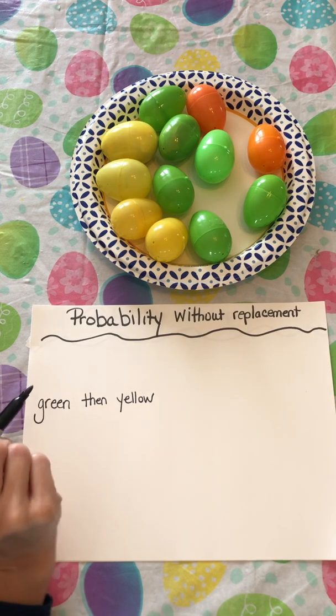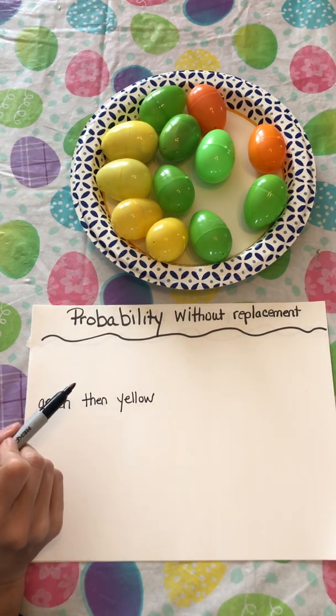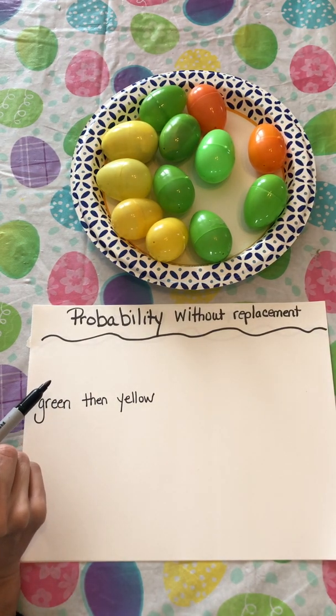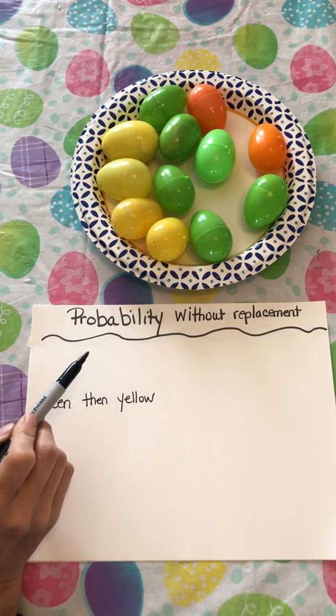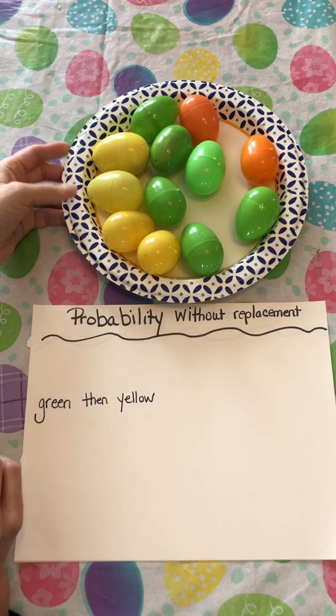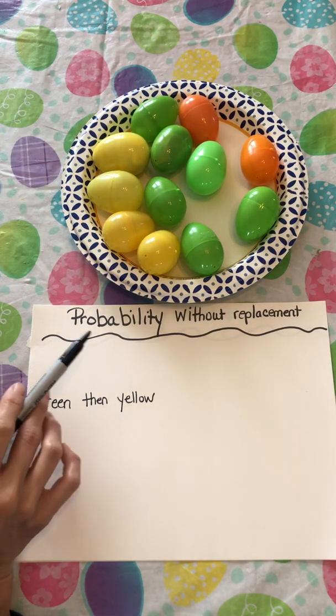So in our first example of probability without replacement, we first need to find out how many total plastic eggs are in the container. I'm using eggs today for my example.